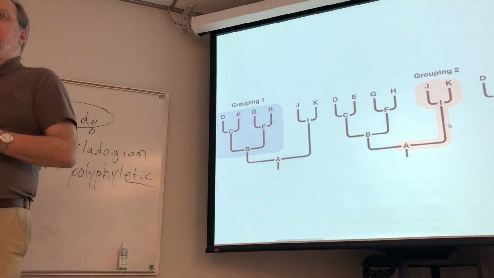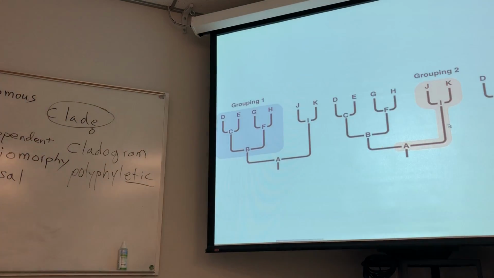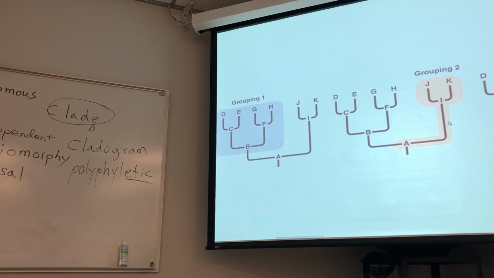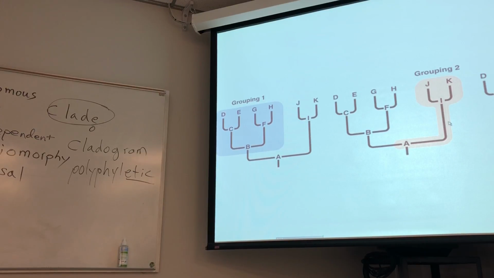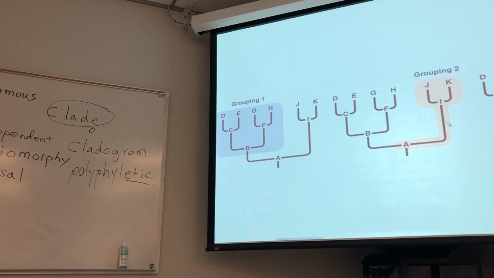What is likely to cause that error? Is it if F and I look similar that they think are the same? Yeah, the J and K there and G and H have a lot of similarities that turn out not to be homologies, but convergent evolution, and it wasn't recognized that was the case.